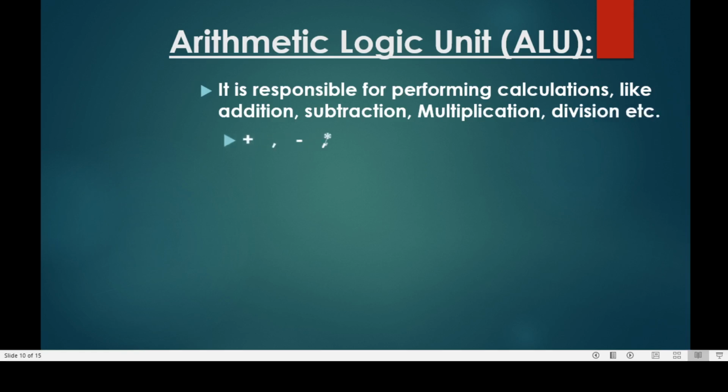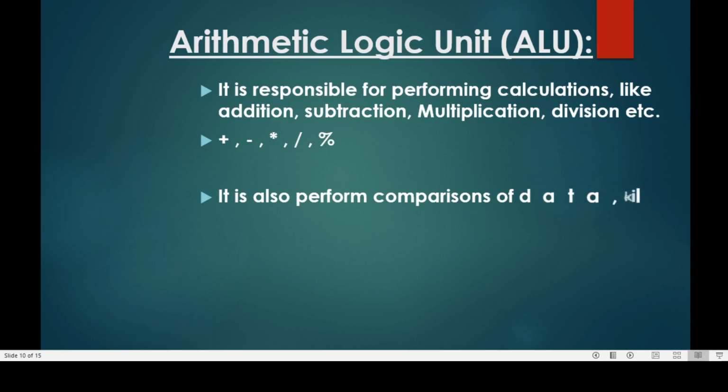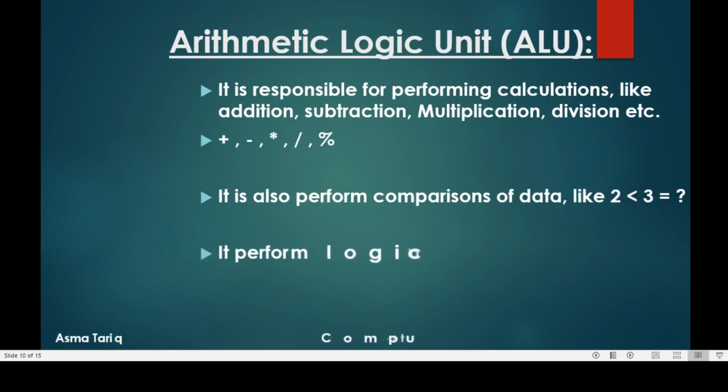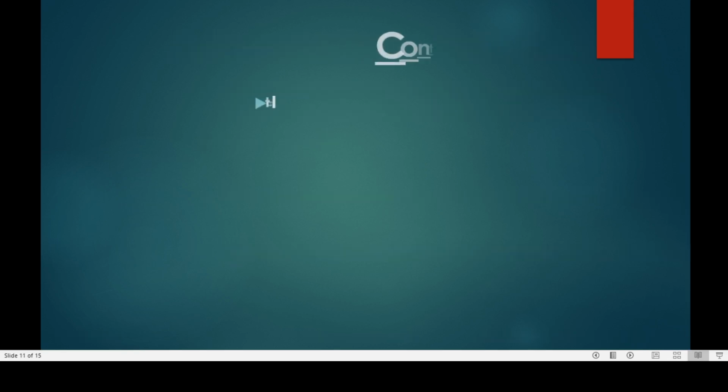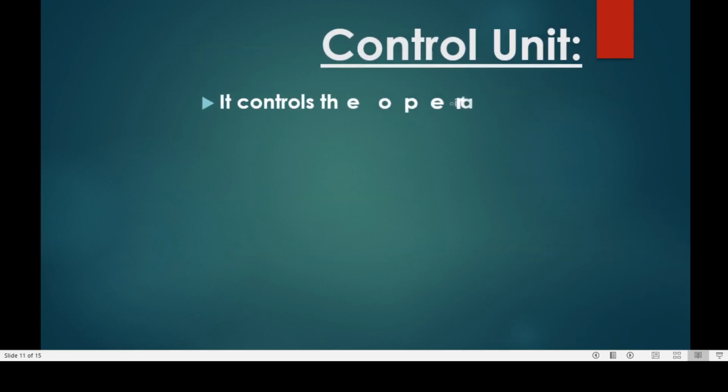What is the arithmetic logic unit? The arithmetic logic unit (ALU) is responsible for performing calculations like addition, subtraction, multiplication, and division. It also performs comparison of data, performs logical operations on this data, and provides the results to the user.